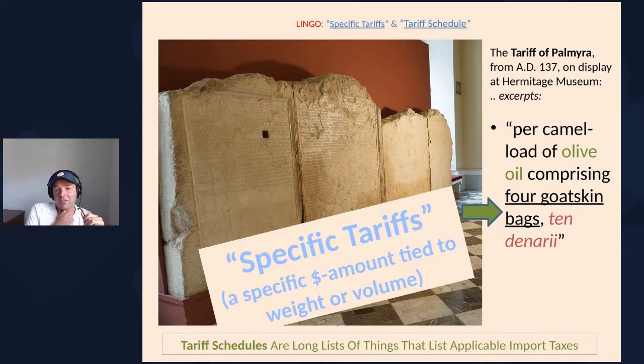A tariff schedule is a long list of every single product, or if it's not every single product, they'll have an anything-not-listed-here category, and next to the product it lists a specific tax you owe. So here on the tariff of Palmyra, you owe 10 denarii per camel load of olive oil, comprising 4 goatskin bags. So you can see specific tariffs have a little less ambiguity than ad valorem tariffs. Good stuff.